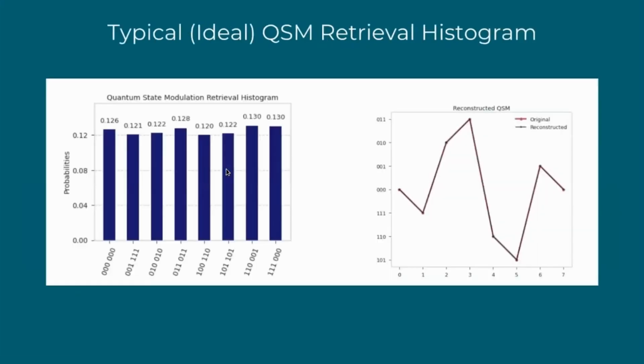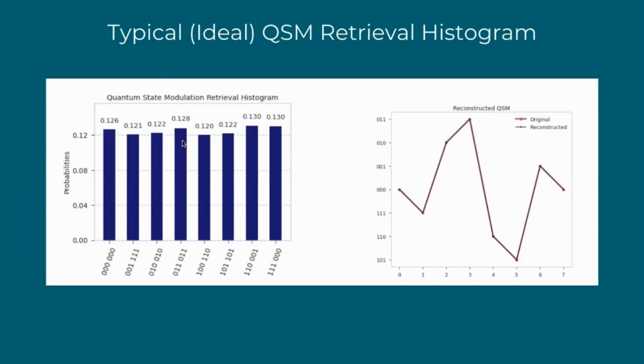Another Qiskit implementation. The idea of this histogram is that you're not changing the probability amplitudes anymore. So you should have an equal superposition of all of the possible states that you have prepared and nothing else. Of course, this is an ideal setup without noise and decoherence.